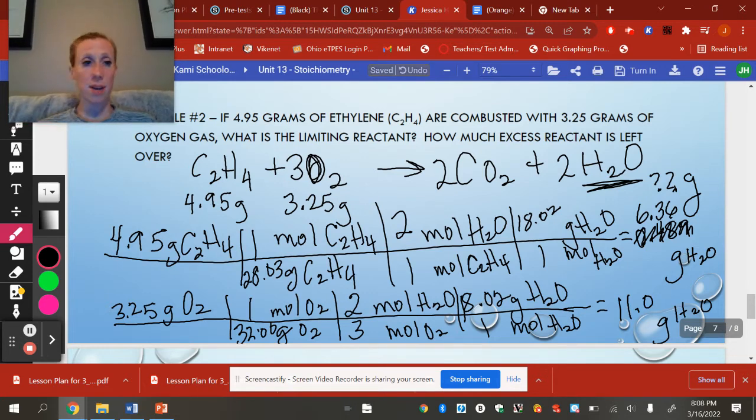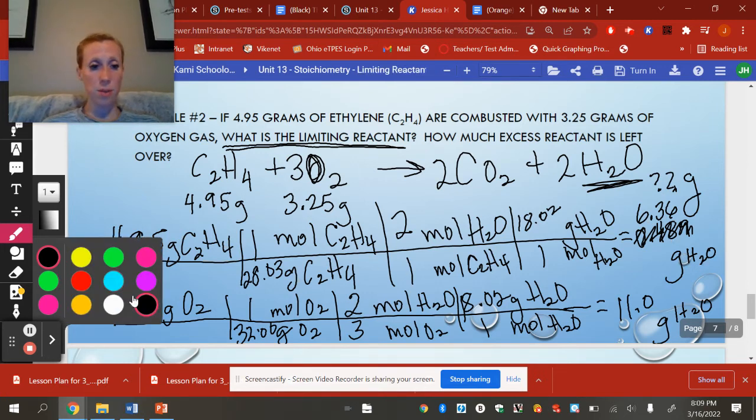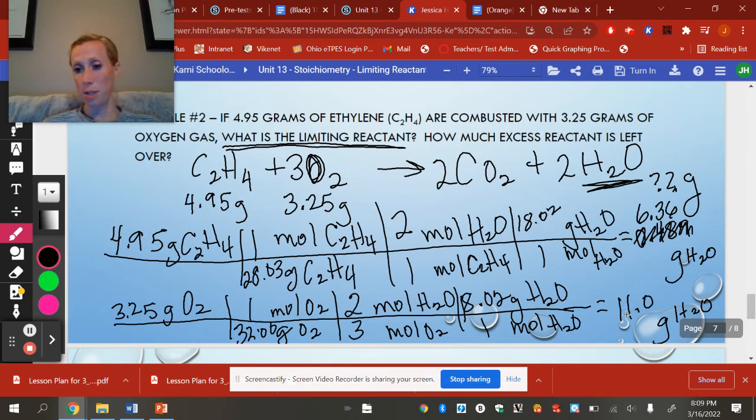Okay, so now that I have my two answers, I can answer the question that they're asking. What is the limiting reactant? When I look at my two answers, I know that this much ethylene will produce 6.36 grams of water. I know that this much oxygen will produce 11 grams of water.